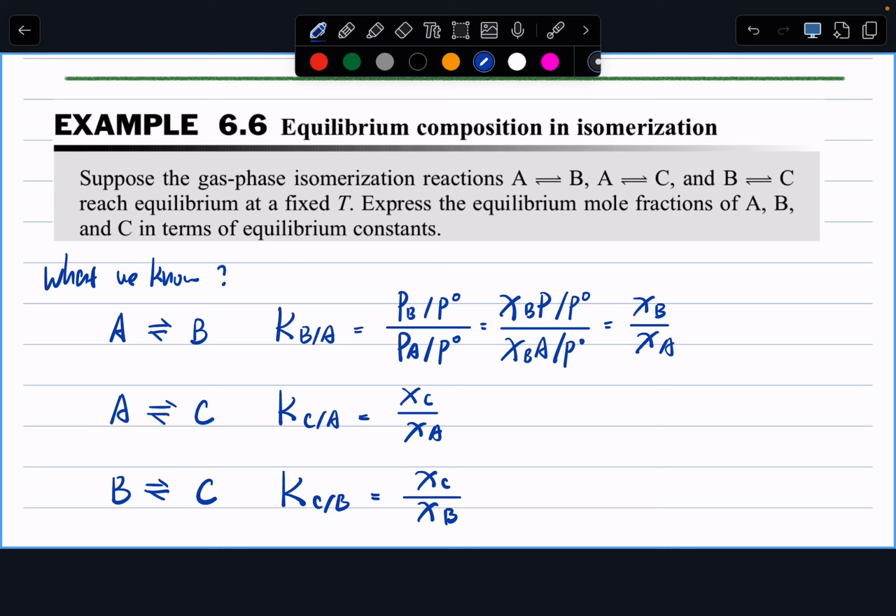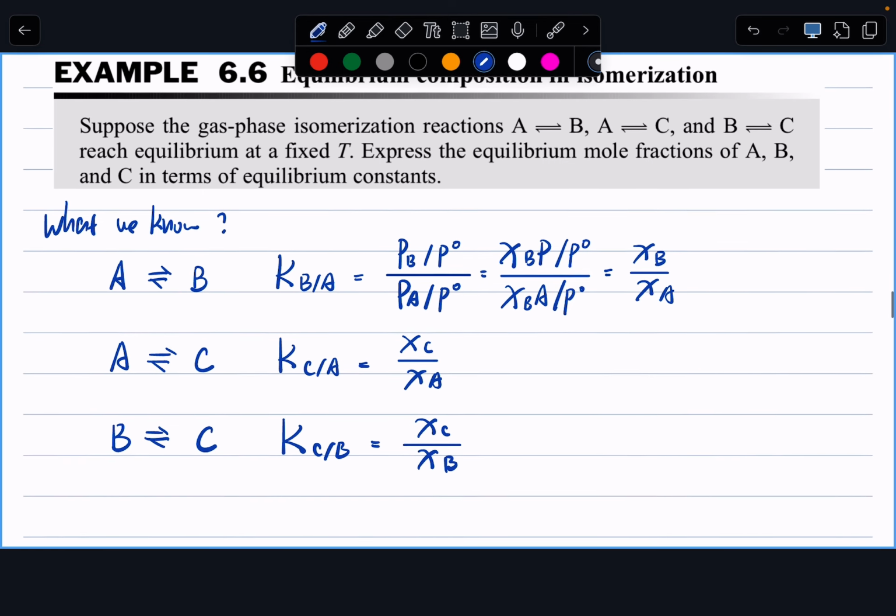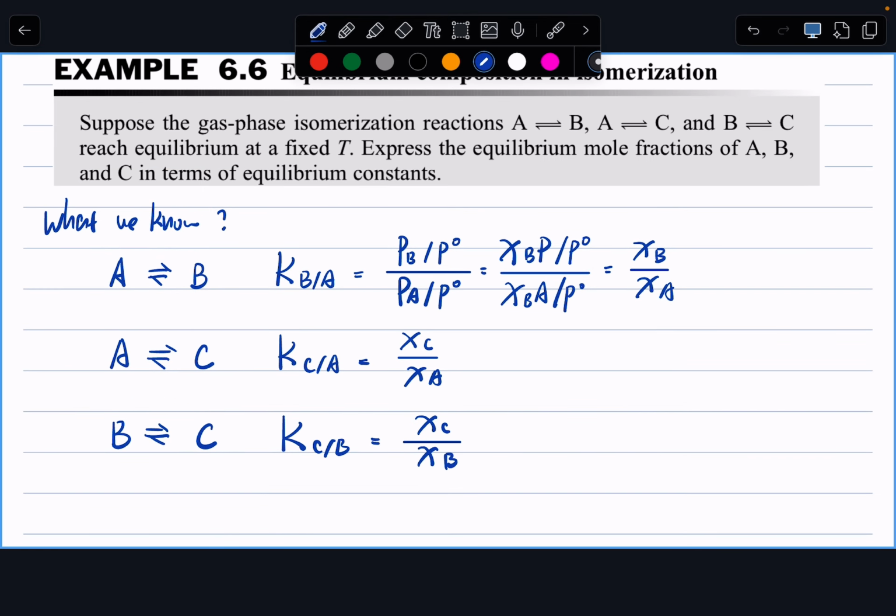What else do we know? We also know that my mole fractions at equilibrium will add up to 1. We only have three things in the mixture, so naturally chi_A plus chi_B plus chi_C equals 1. All right, so what is the question asking for?